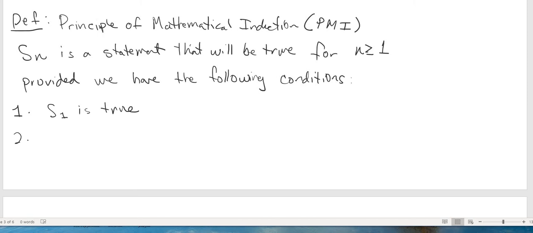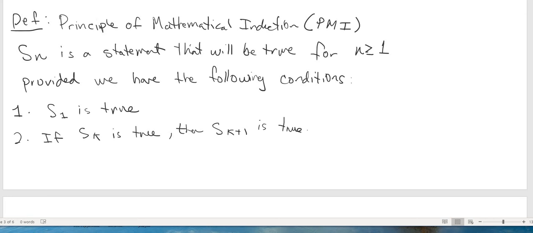Number two, this is also called the inductive step. If Sk is true, then Sk plus 1 is true.